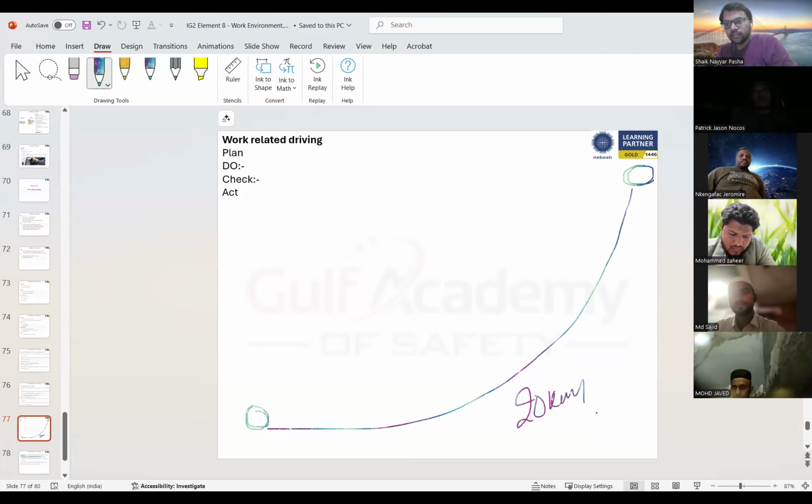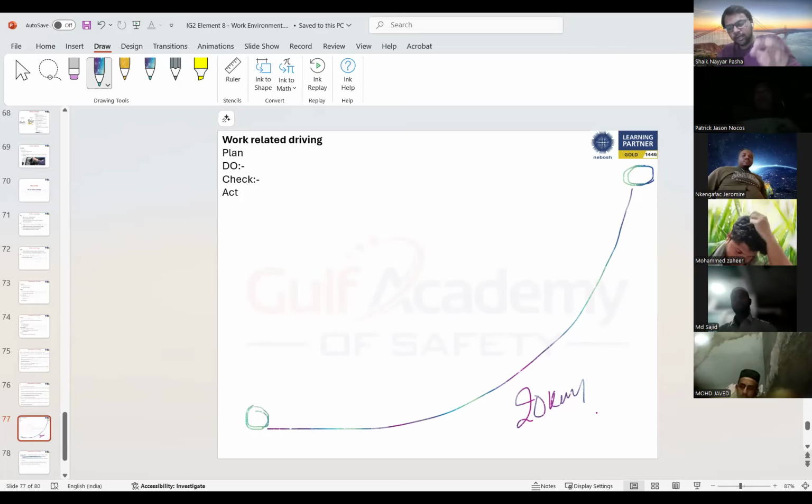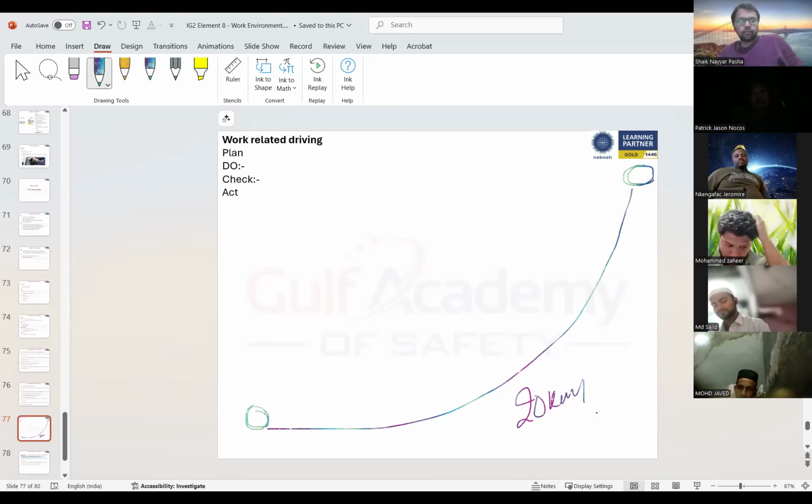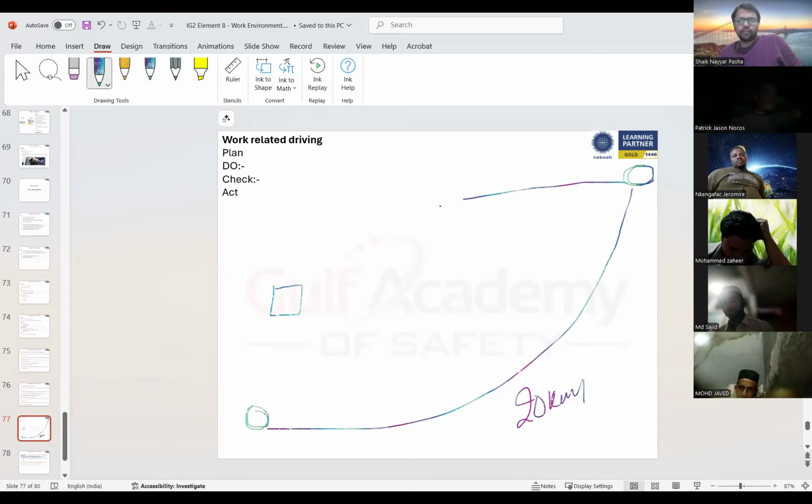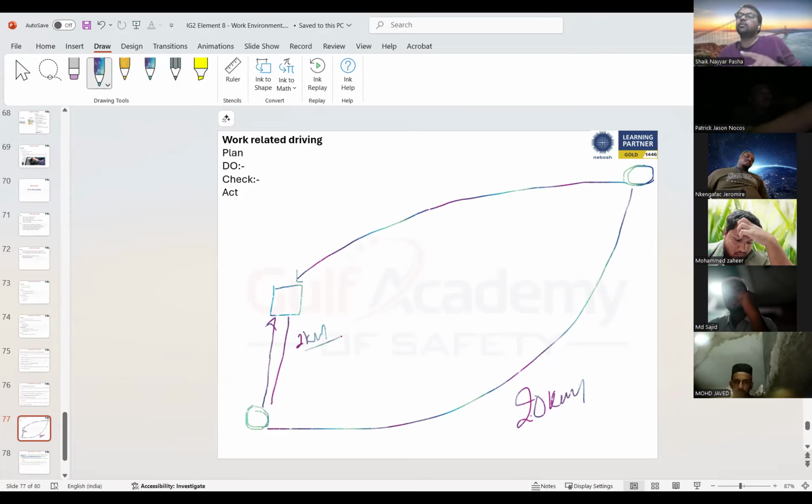Increases, sir. Risk increases. So what the management did, the management told us that, boss, we will be providing you transportation, but it will not be a home pickup and drop. What we do is we have a pickup point for you. So you have to manage your own transportation to the nearest pickup point, and we will pick you up from there. Instead of 20 kilometers, the driver has to drive only 2 kilometers up and 2 kilometers down.